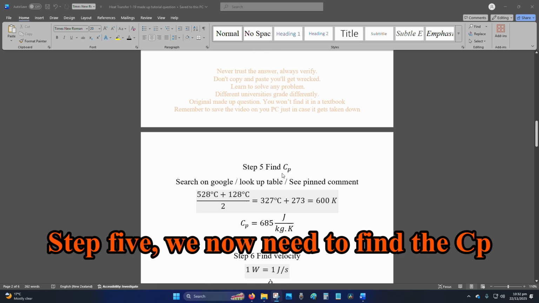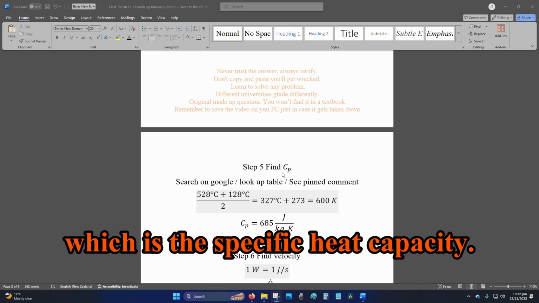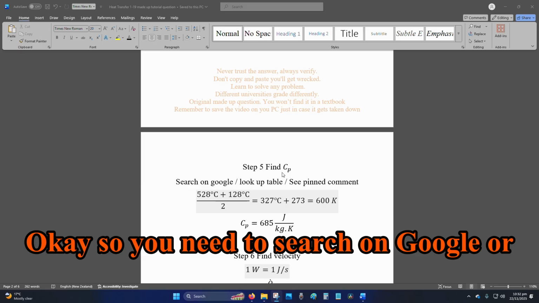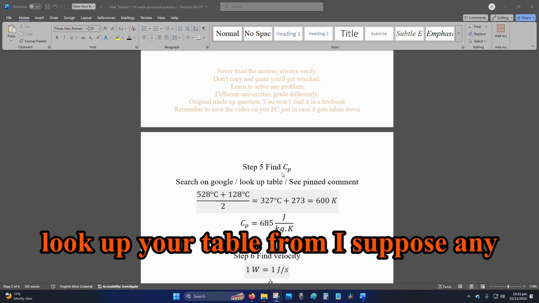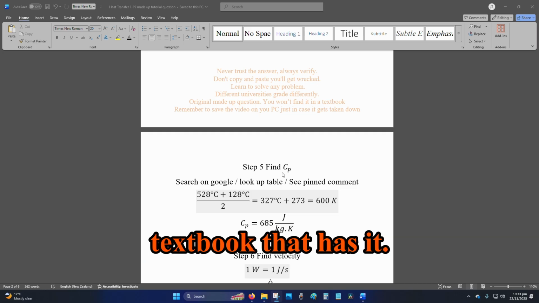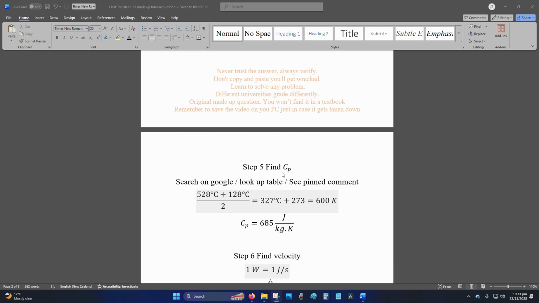Step 5, we now need to find the Cp, which is the specific heat capacity. You need to search on Google or look up your table from any textbook that has it.